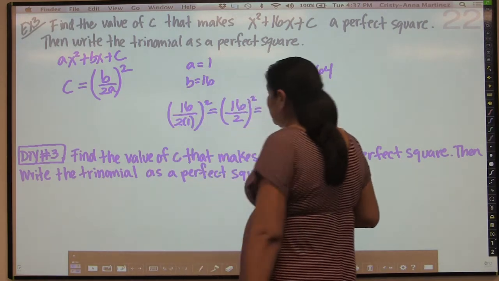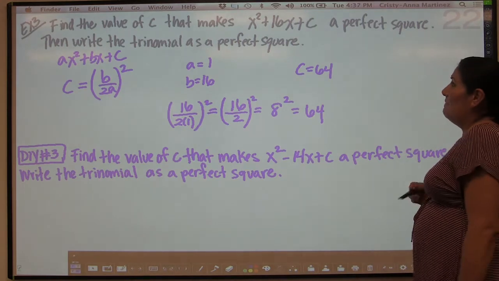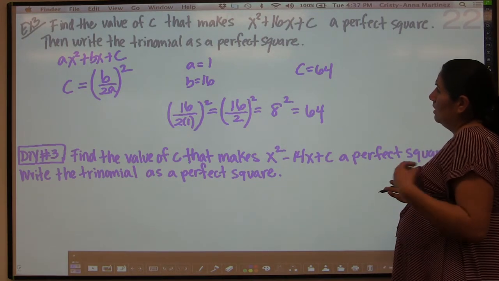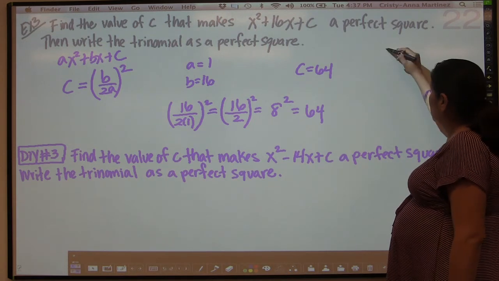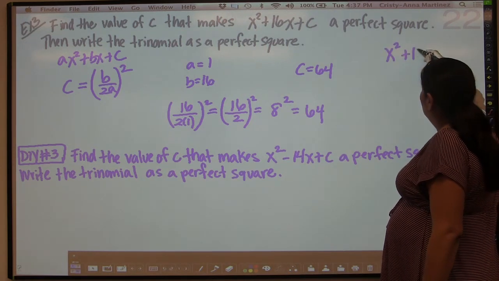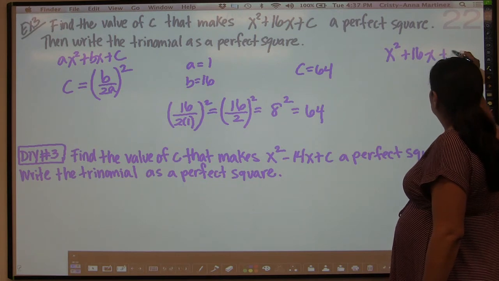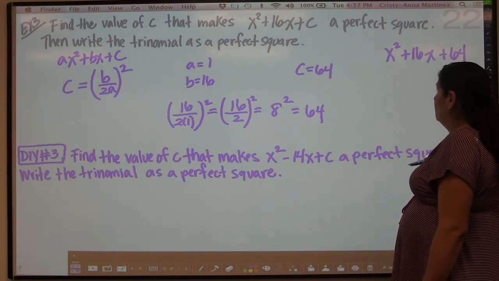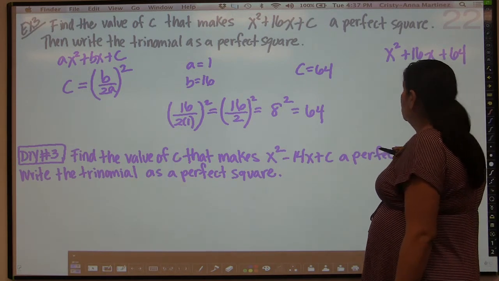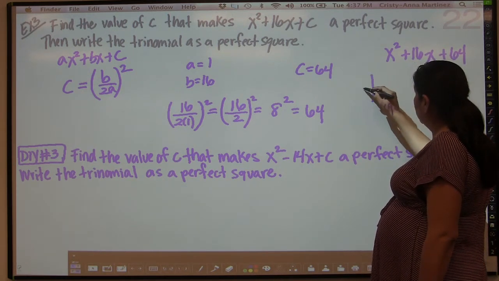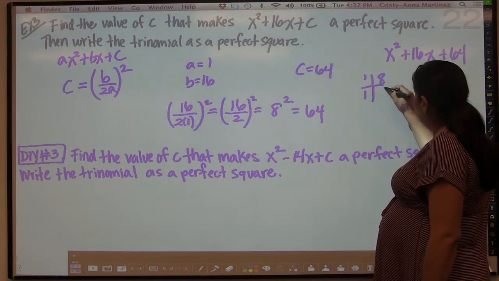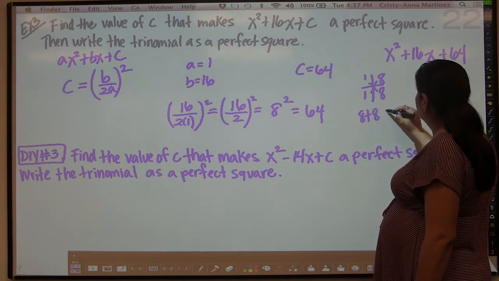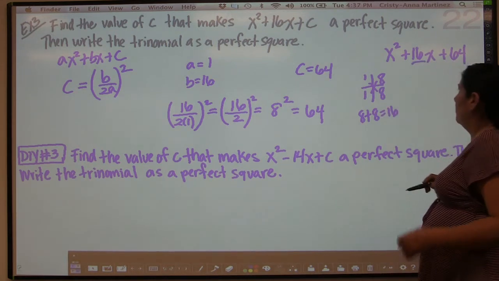So that's what c has to be. It told us to find the c value, and then they want us to write the trinomial as a perfect square. So now I have to actually write it all out. So that's going to be x squared plus 16x plus 64. And then to write it as a perfect square, we're actually going to take and factor it, and you're going to get 8 and 8, and 8 plus 8 is 16, which is the middle term there.